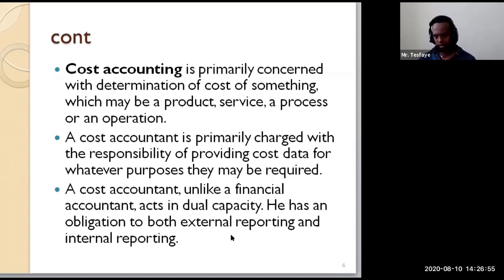So we'll focus on the determination of these items or these things. A cost accountant is primarily charged with the responsibility of providing cost data for whatever purpose that may be required. So this cost accountant is responsible for providing this cost data.